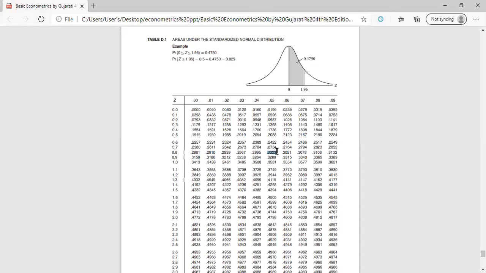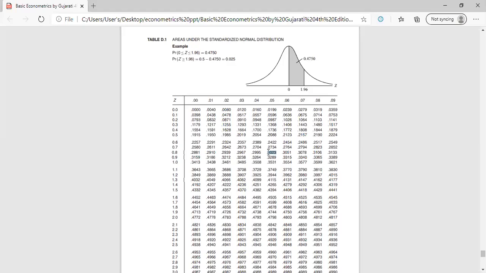This area, this probability, what is the probability? This is the probability of what? That is less than the Z score. So if I give you this number, 0.3023, this is a probability of what? Of Tom getting admitted to the university.